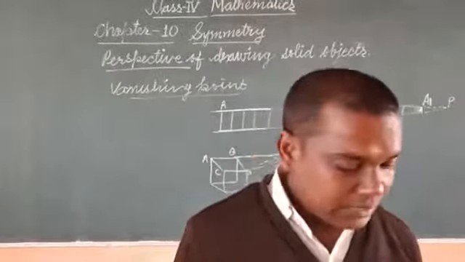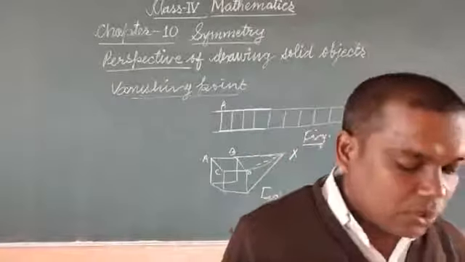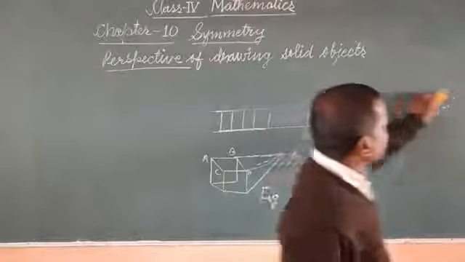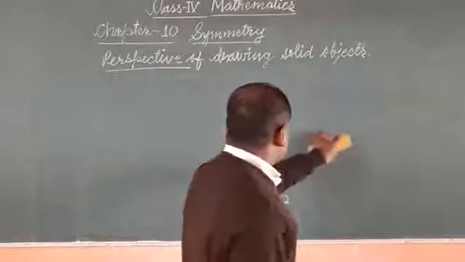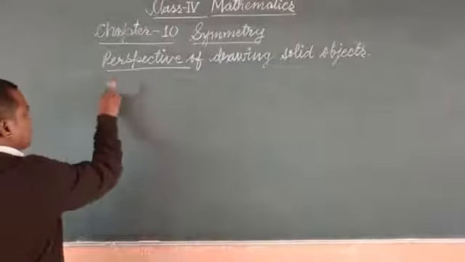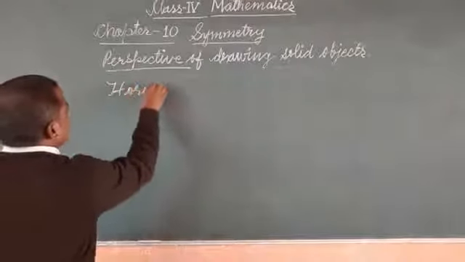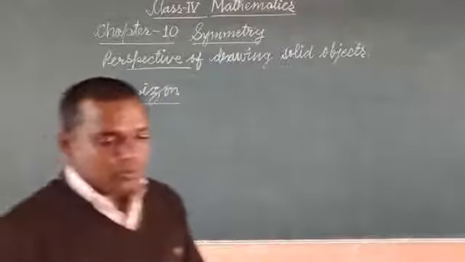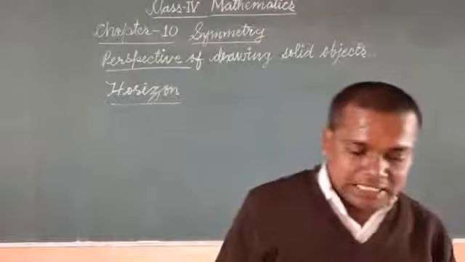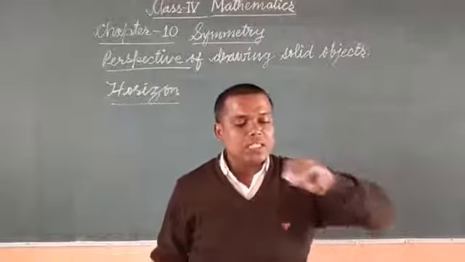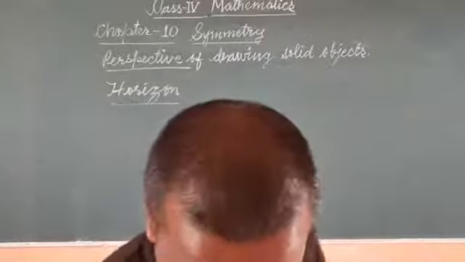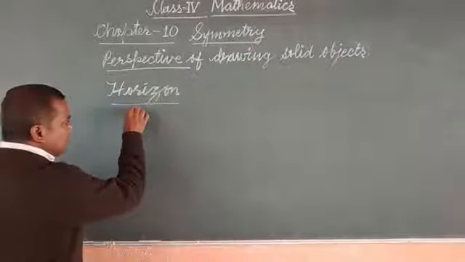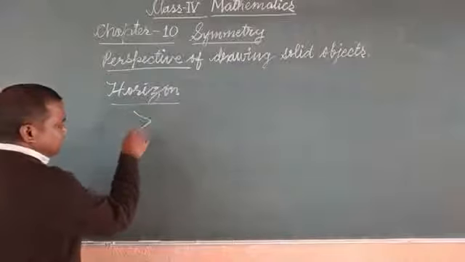Okay. Now the next topic is horizon. The horizon can be considered to be at the viewer's eye level. Suppose a taller person is here, then his eye will be here.